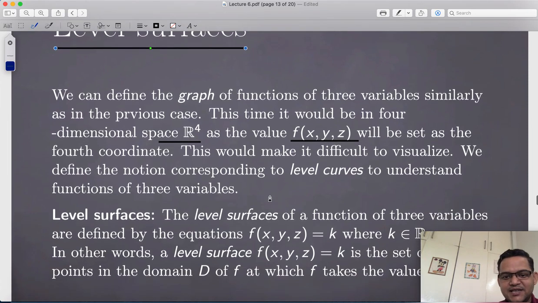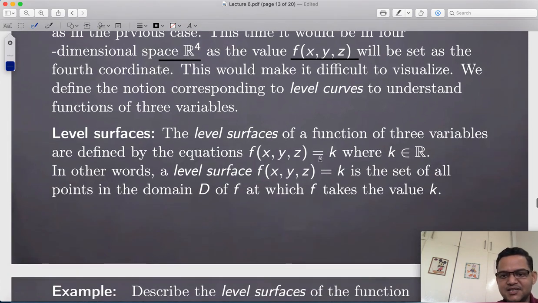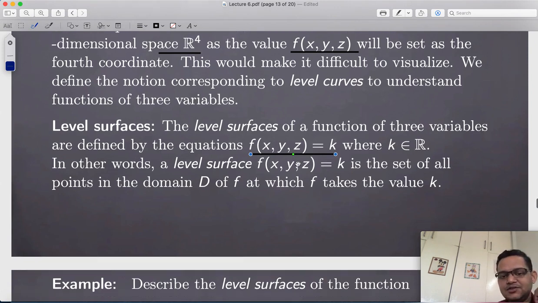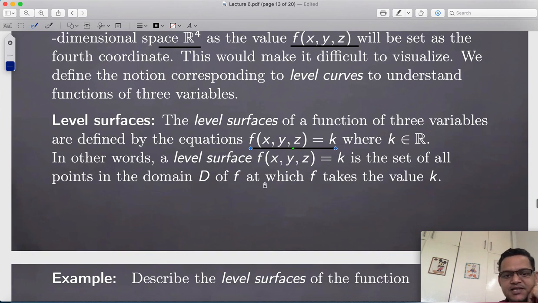As in the previous case, label surfaces are just where the function takes a constant value. Again, this k, even though I have written it in R, should just vary over the range. So collect all the points in the domain at which the function takes the value k, and then you get the label curve, and this k will be called the height.